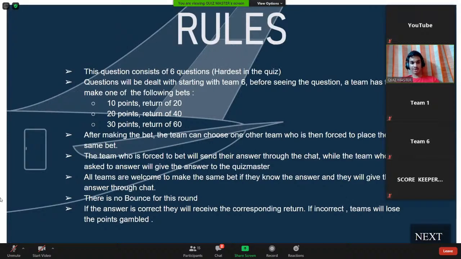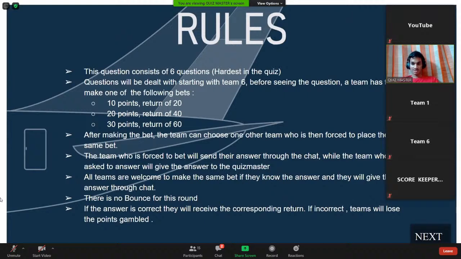They can bet 10 points, 20 points, or 30 points. The returns are 20, 40, and 60 respectively. So that essentially means plus 20 minus 10, plus 40 minus 20, or plus 60 minus 30.